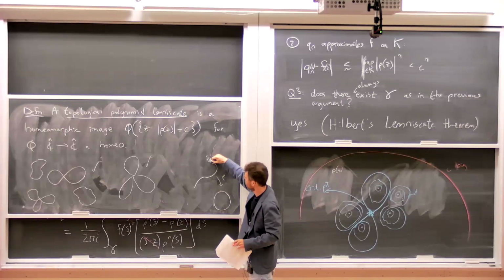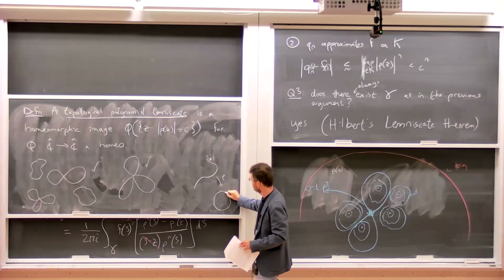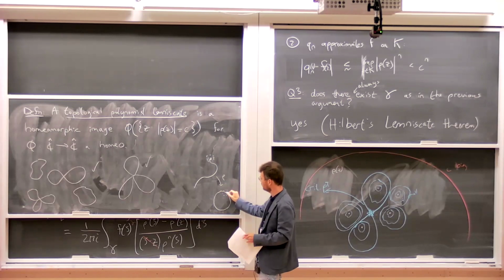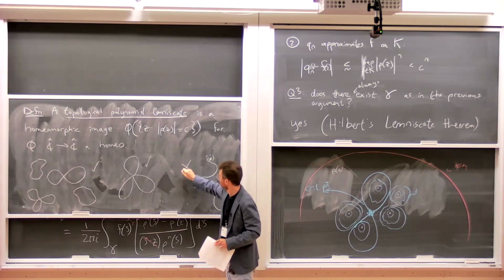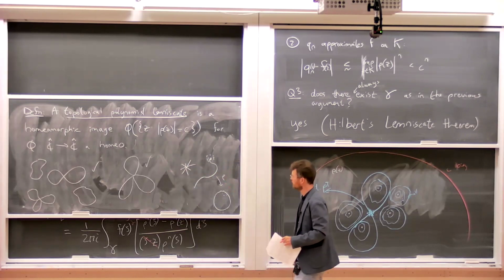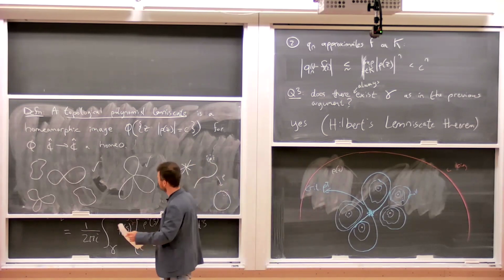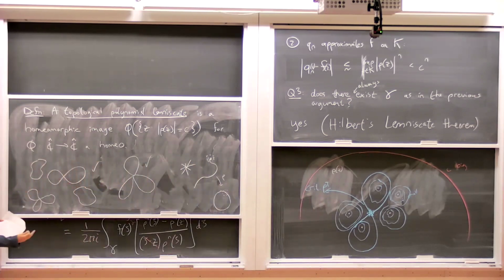So this picture cannot be mapped homeomorphically onto this picture for n equals 1, but even for n bigger than 1, when you pull back a segment, you get something like an open arc. This fails to be a polynomial lemniscate for a topological reason.